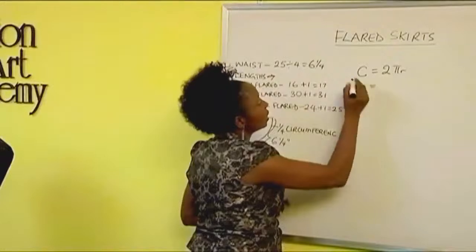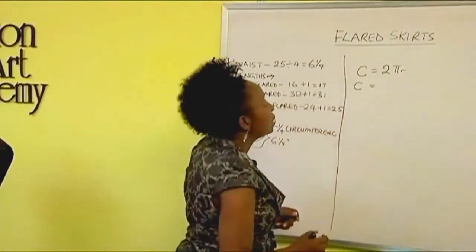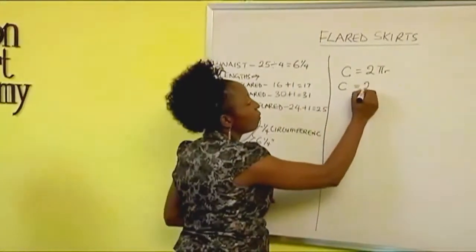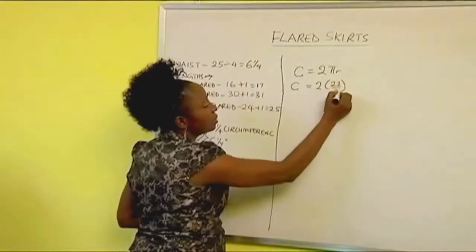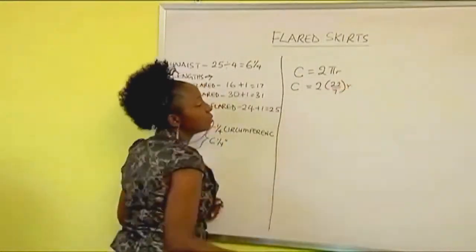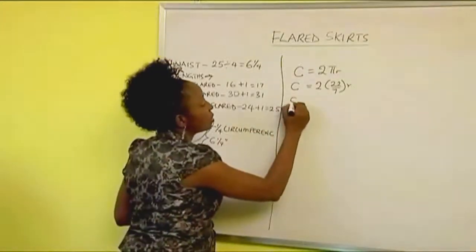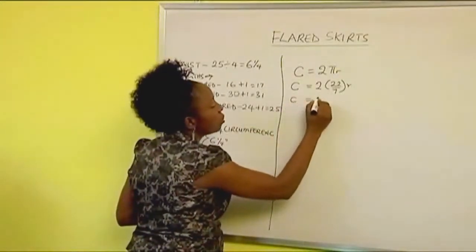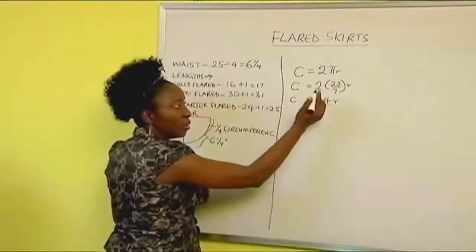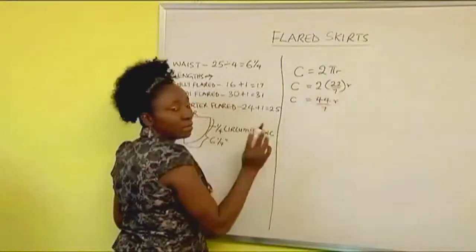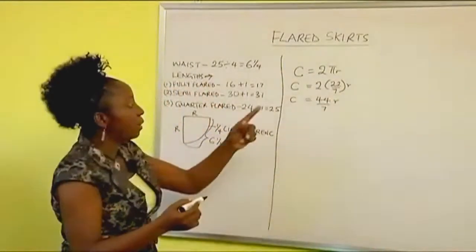C now equals 2 into bracket 22/7 times r. I'm going to open that up a little, so I'll give you C equals 44/7 r, because I just multiplied 2 times 22. That's all I have to do. And I get my 44/7, and that will multiply by r.